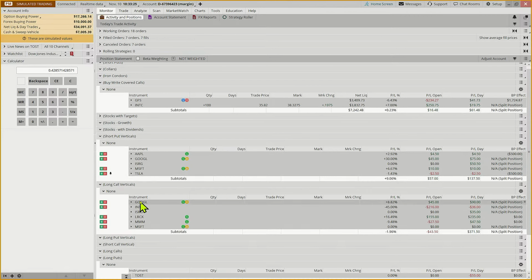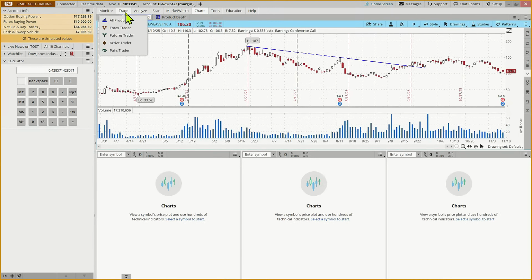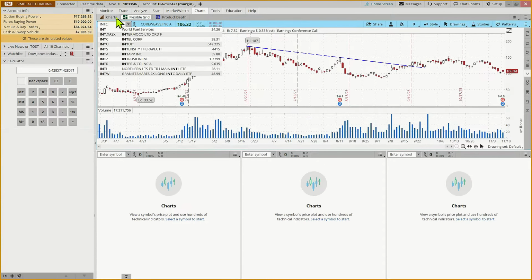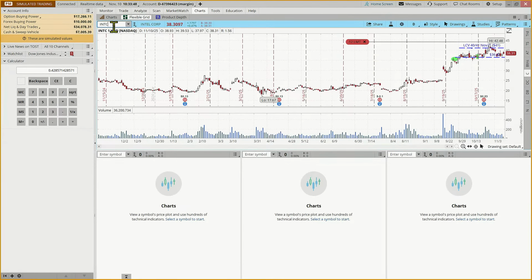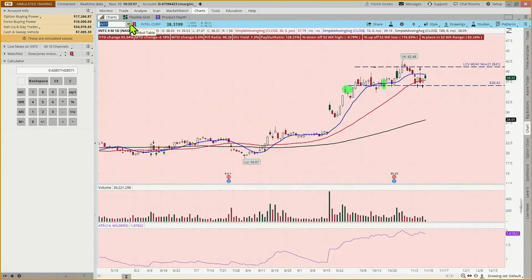How about on our long call verticals? Is anything up close to 50% or down close to 50%? INTC this morning was actually up, so we're getting close. That's the only one that we might want to take a look at. Here we are.